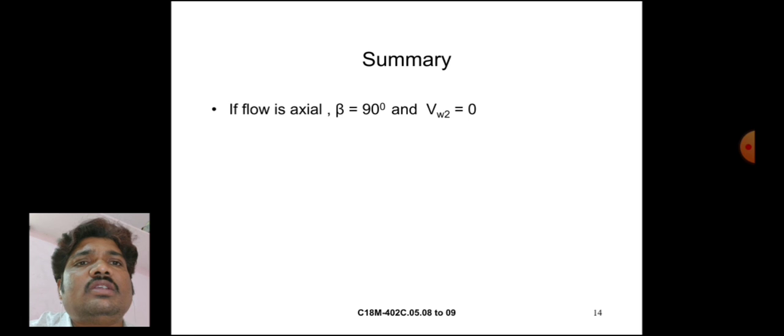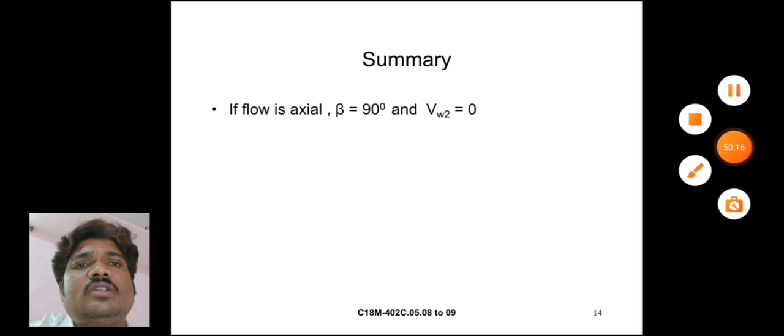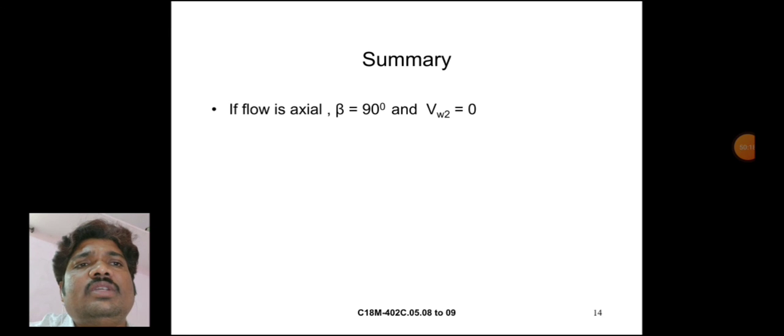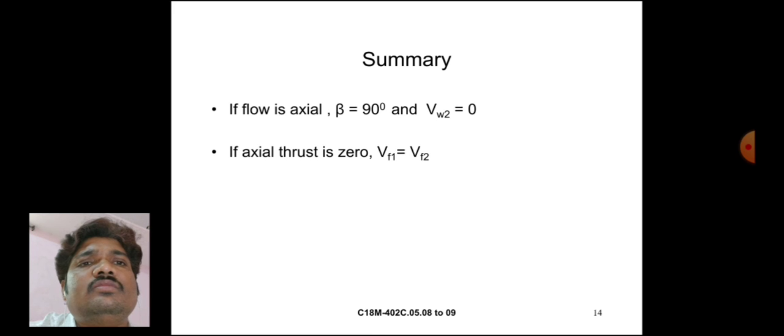In this summary, in this class we discussed that if flow is axial, beta is equal to 90 degree and VWT is equal to 0. If axial thrust is 0, Vf1 is equal to Vf2.